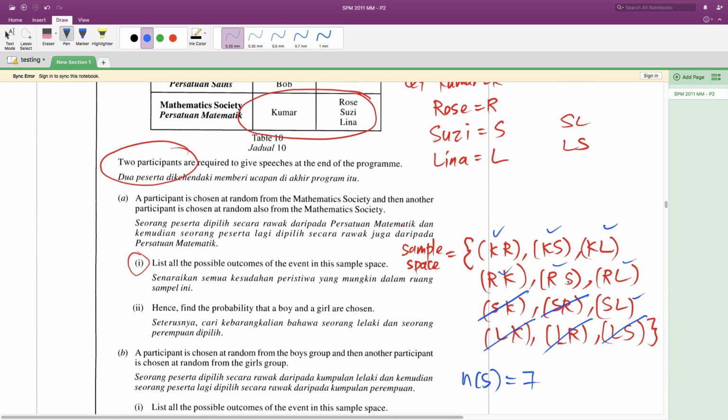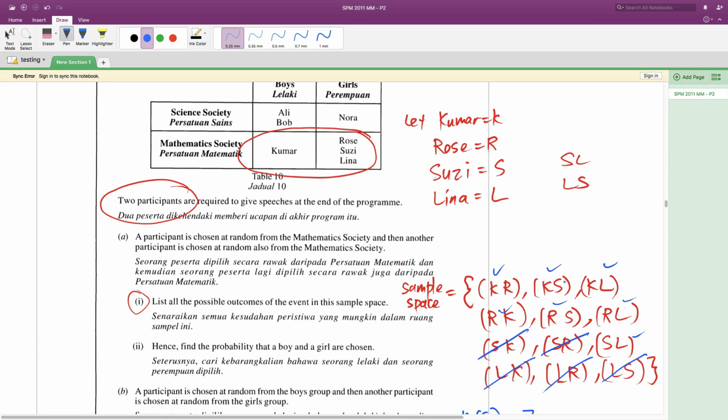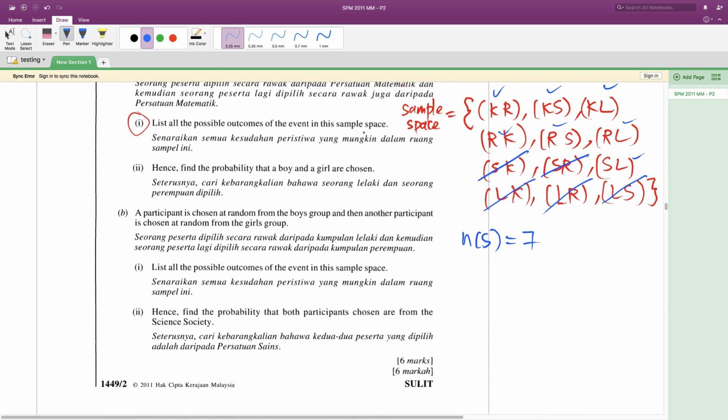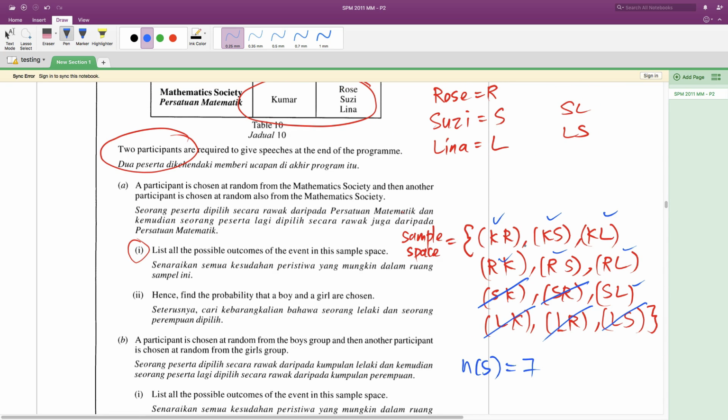If a boy and a girl are chosen, you need to find the probability, right? In order to choose the boy from the society here, choosing Kuma is basically 1 over 4. You want to choose a boy and a girl, so you can check from the list you have here.